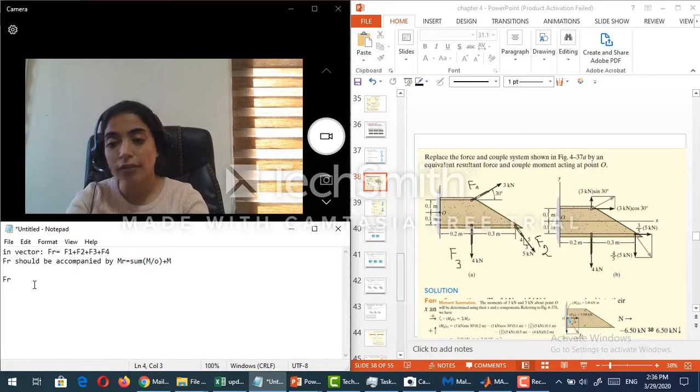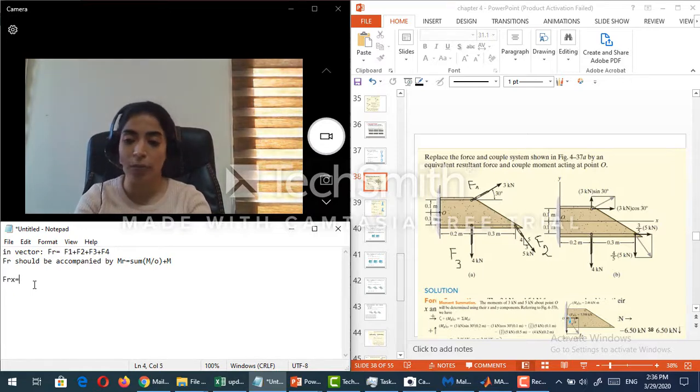What is F resultant? Since this is a 2D case, I will start with FRX. FRX will be, of course, F1x plus F2x plus F3x. Now, what is F1x? F1x is 3 cosine 30, plus F2x is 5 times 3 over 5, also positive, plus 0.